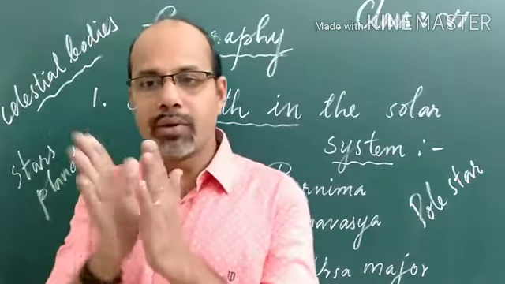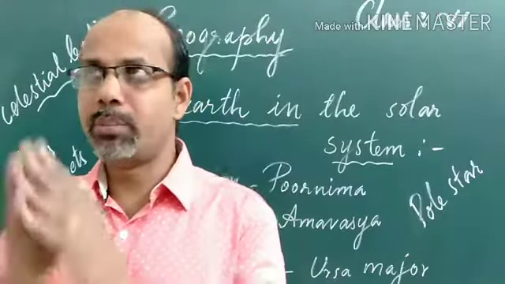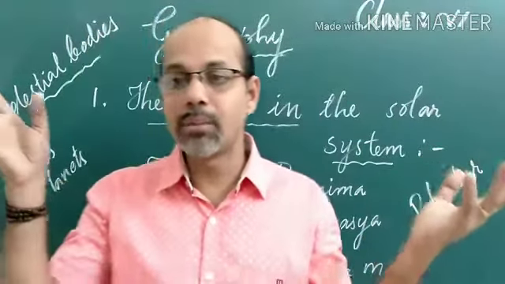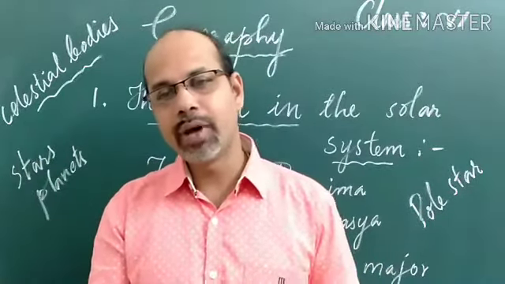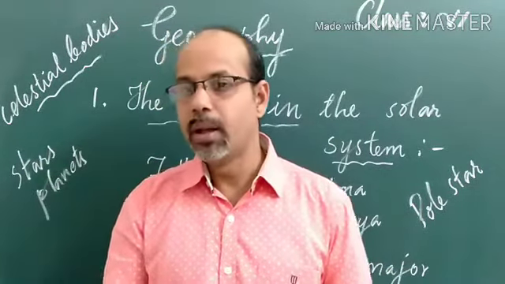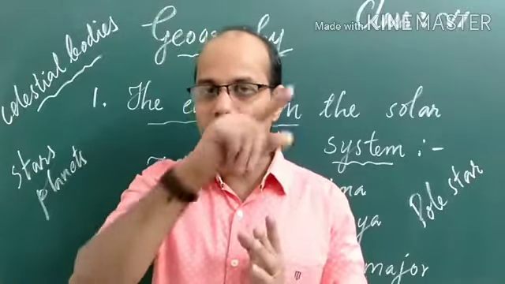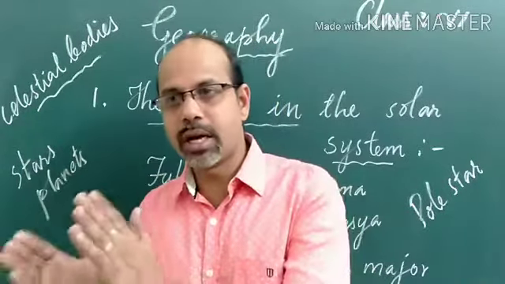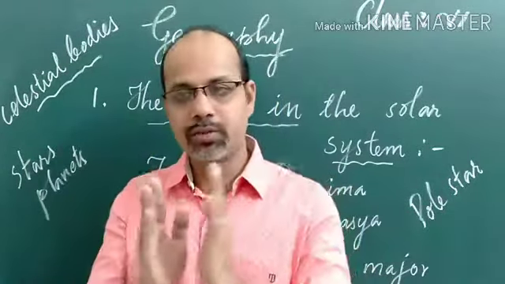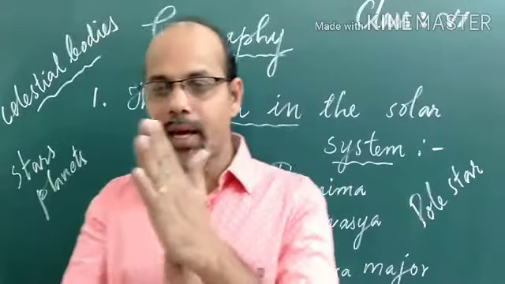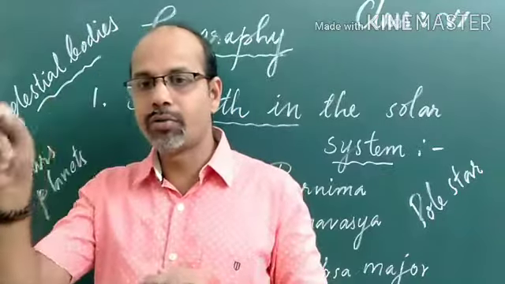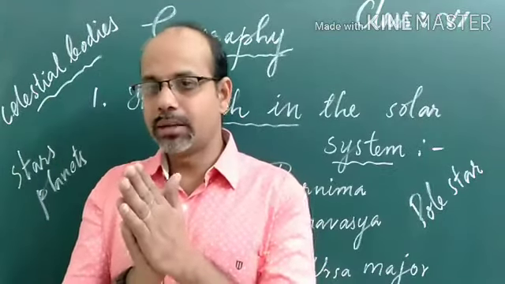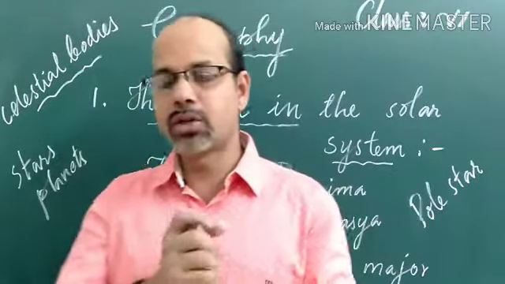So how can we locate the pole star? Many stars can be found in the sky. From that, how can we identify the pole star or north star? We can find it easily, because we can find the constellations we already studied, and there are the end points of these constellations.